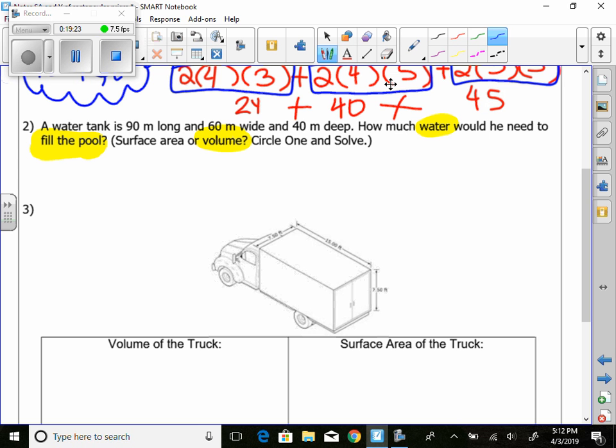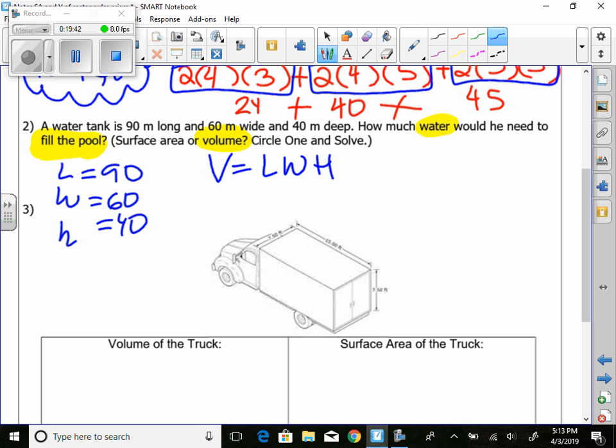All right. So my dimensions are length, width, and height. It is 90 meters long, it is 60 meters wide, and it is 40 meters deep. And my formula is length times width times height.